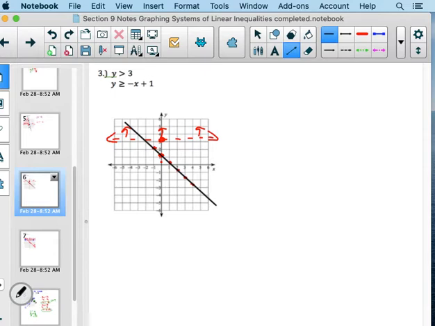Testing that second inequality, 0 is not bigger than 1, so I need to again shade away from (0, 0). And so where those shadings overlap is this kind of unique shape up here, in this area here.